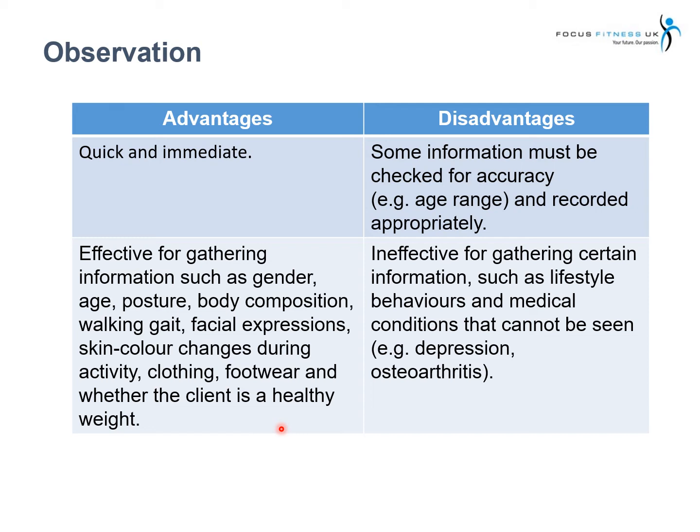So often we'll do observations of certain types of fitness. Disadvantages: sometimes it can be inaccurate, and sometimes it's not as effective as it might be in things like lifestyle behaviours and medical conditions. You can't actually see those things, but what you can do is see how they walk, see what their body composition is, etc.